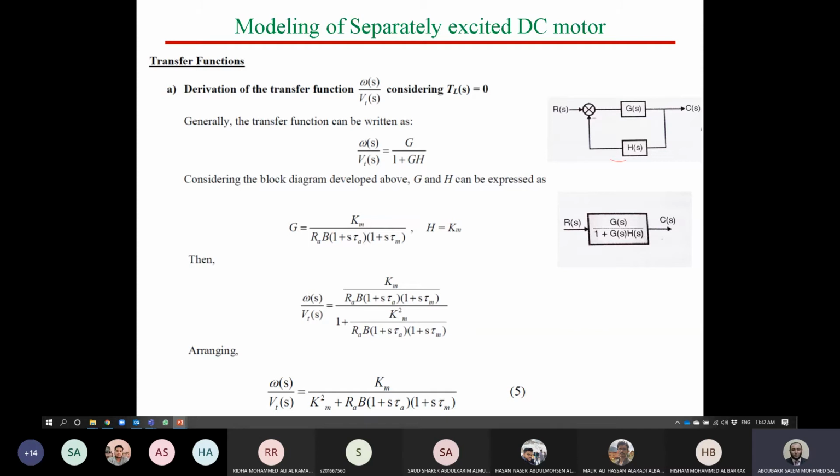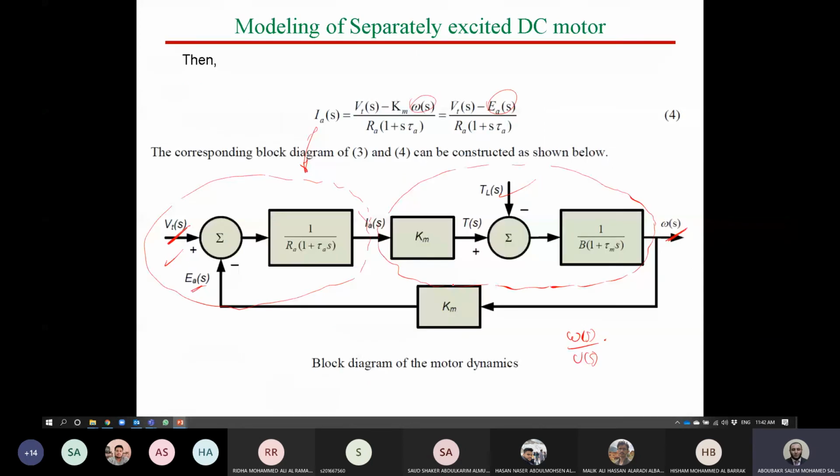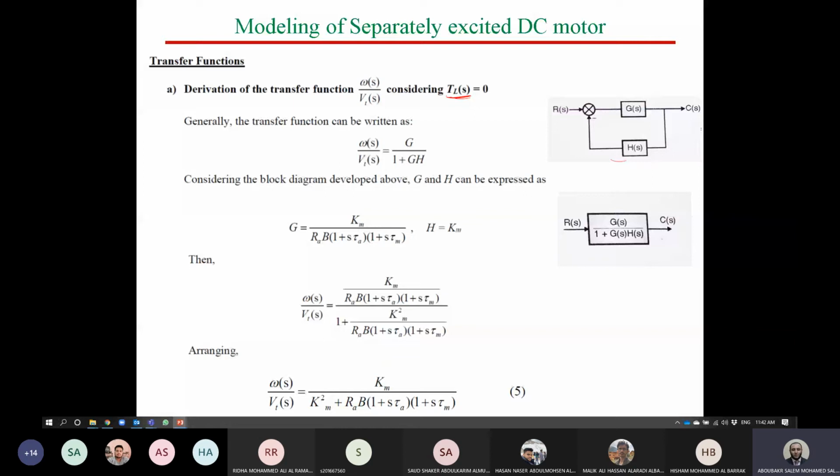So you will have only one input, guys, which is V. If you would like to get the transfer function as omega over V, then returning to the block diagram, all of these 3 blocks multiplied together will represent G of S, and Km will represent H of S. So we can use the relation G over 1 plus GH, and you will get the transfer function of this case, which is omega over V at TL equals 0. So this is one case here, guys.